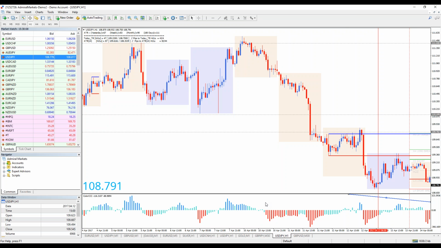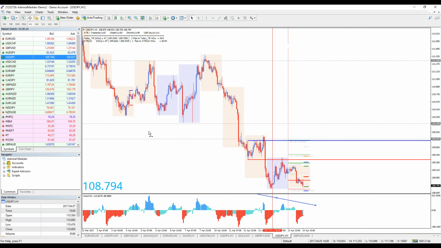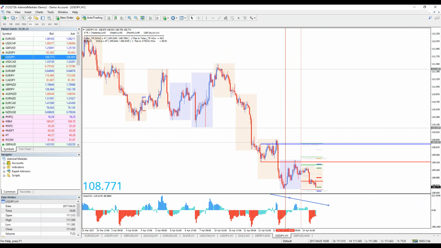Why? Because, guys, slightly to the left, we had, watch this, the previous day's high. So this was this day's high here. These boxes are useful for you to spot daily highs and daily lows, because these boxes are actually telling you about daily highs and daily lows.